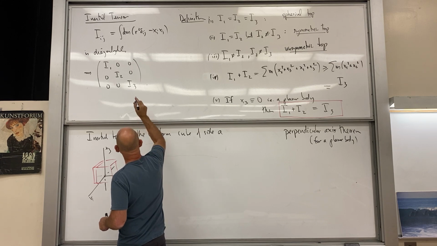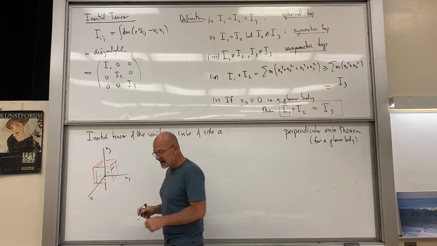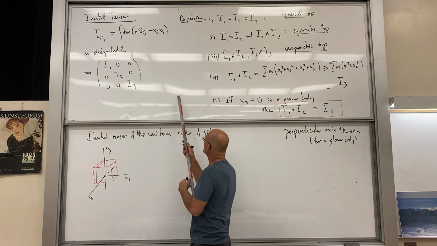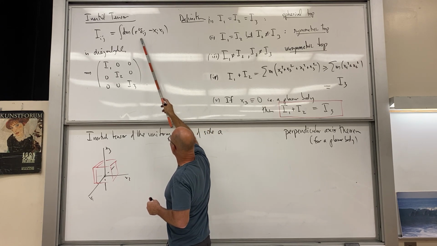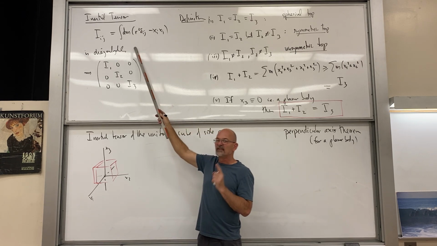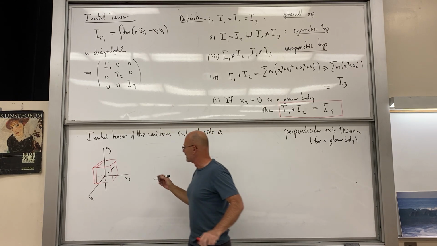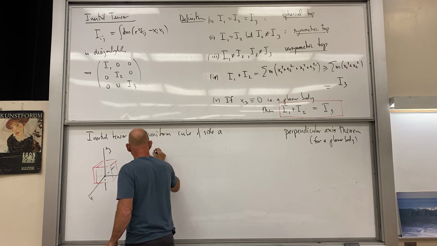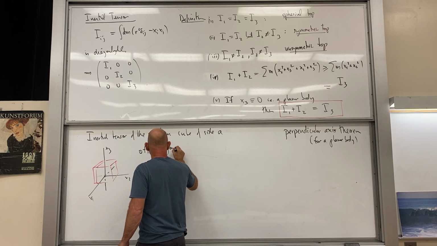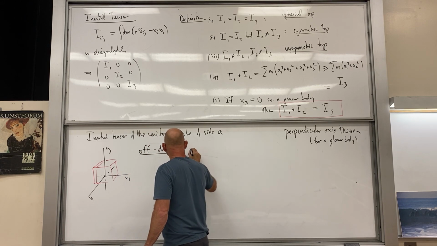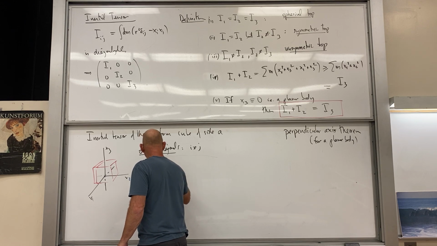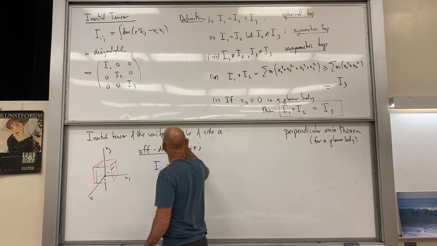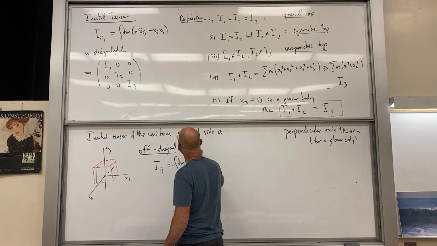So first, we see that off diagonals definitely vanish, just by the symmetry of it. Say you had x1, x2, right, off diagonals, delta ij is equal to 0. Okay, so let's go ahead and do this again. We've done this before, but that's fine. So for the off diagonals, i is not equal to j. I sub ij is equal to the integral, get a minus sign out front, dm xi xj.